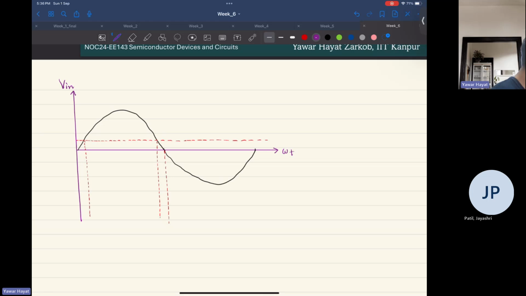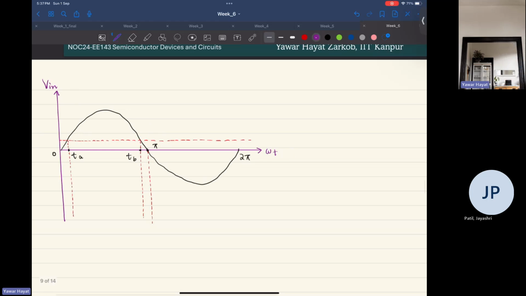This is your omega t axis. This is 2 pi. This is pi. This is TB. This is TA, and this is 0. Now, what about the output waveform? Because we are interested in that.